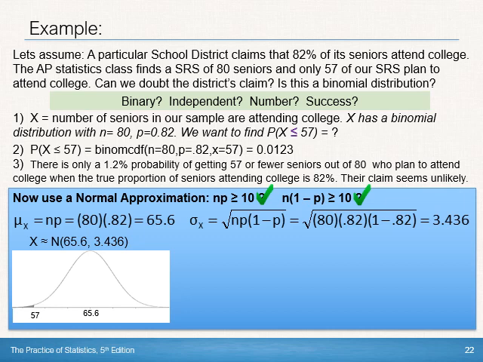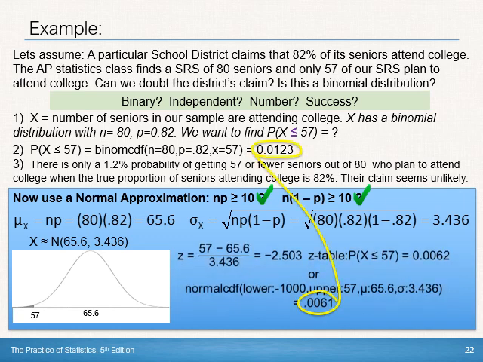We're looking at a normal curve here, the mean of which is 65.6, and we're looking at 57, shading to the left. We want to know the probability we'd get 57 or more extreme out of our 80. We could do a z-score or use a normal CDF. The numbers aren't exactly the same as our binomial situation, but in both cases, we're going to definitely call into question the district's claim of 82% of students going to college.